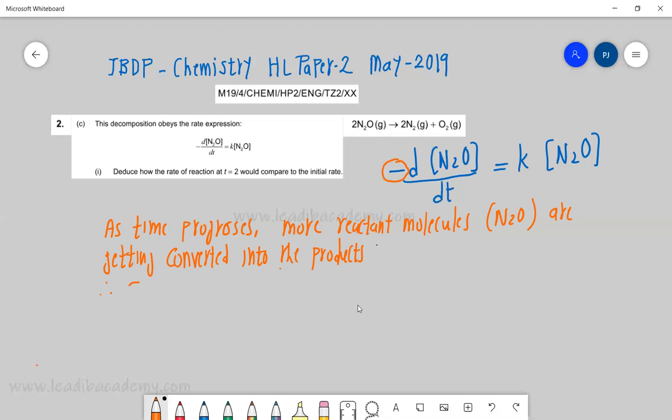Therefore, the concentration of N2O decreases as the reaction progresses.